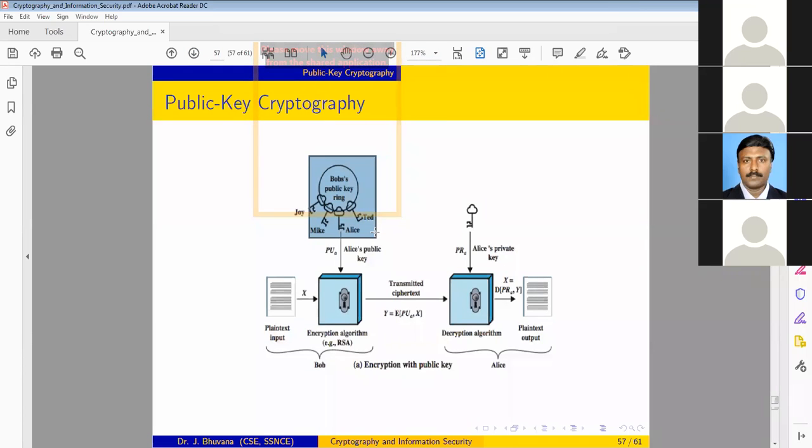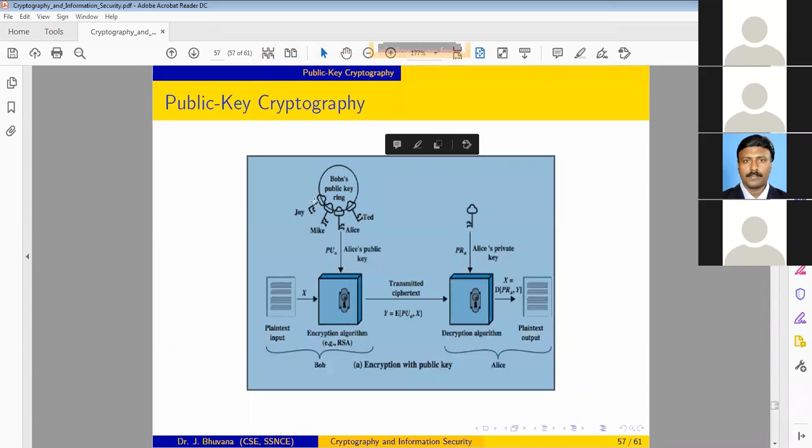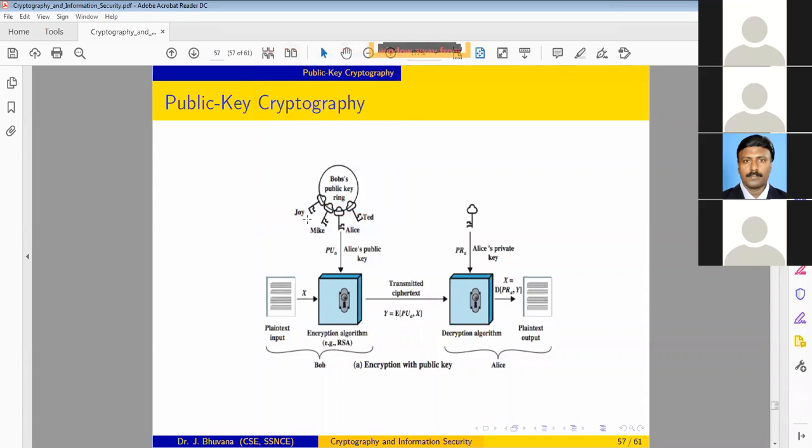At the same time, I also know other people's public keys. You can see Bob owns not only his public key, but also Joy's public key, Mike's public key, Eliza's public key, and Ted's public key. These are all the other people available in the network. So he knows other people's public keys also.